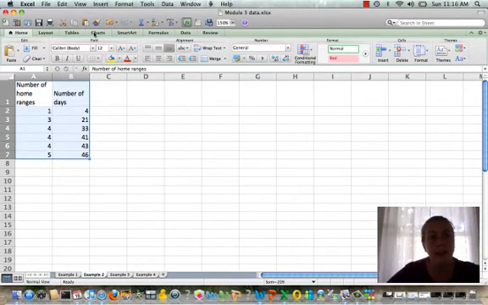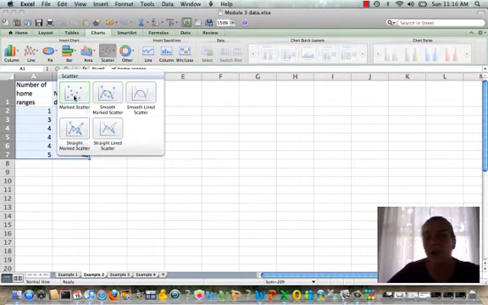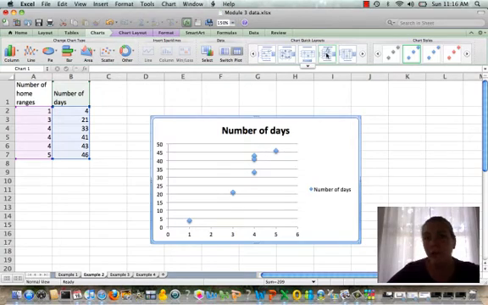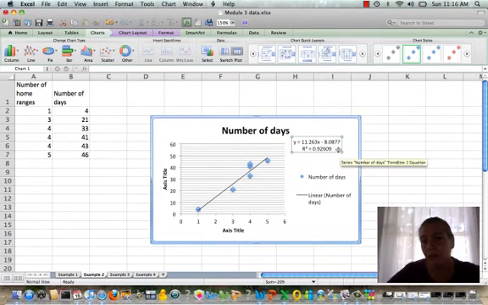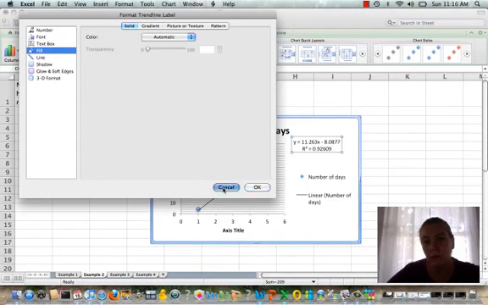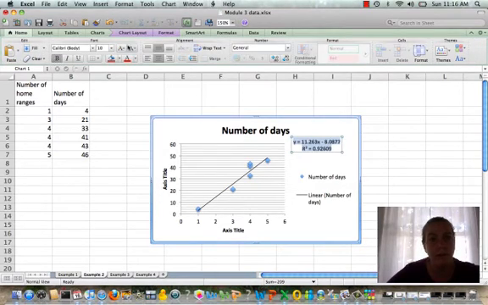We're going to highlight our data, go to Chart, choose Scatter Chart, choose the first example, and then on your chart layouts, pick the one that has the function and gives the R squared value. Then we're going to make this bold and a little bit bigger so you can see it better.